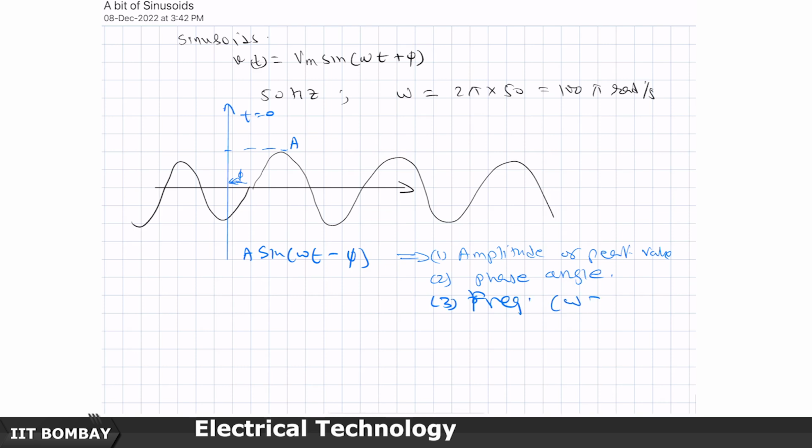But because our grid runs at 50 hertz in India, 60 hertz in North America, and 50 hertz in Europe as well, the frequency is practically constant.